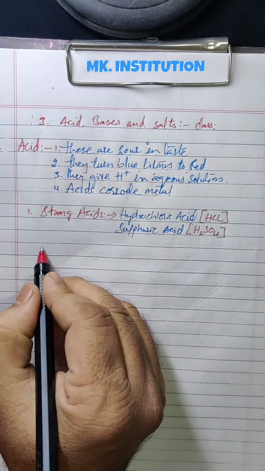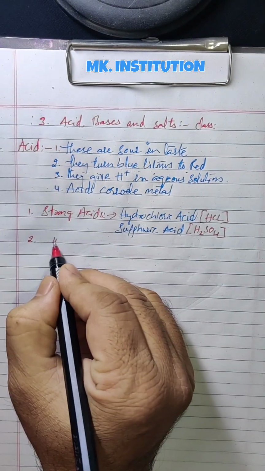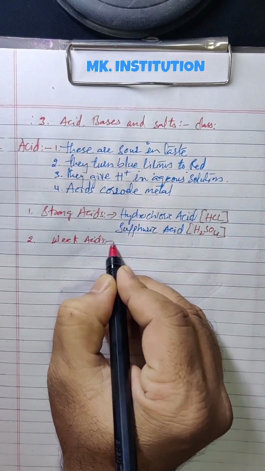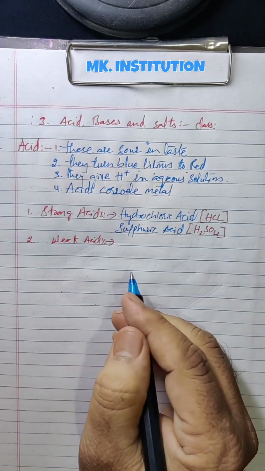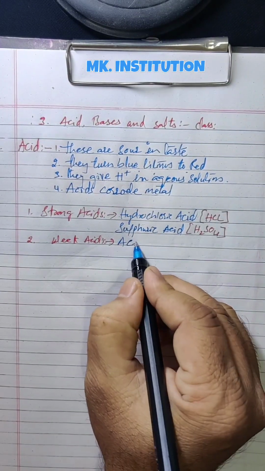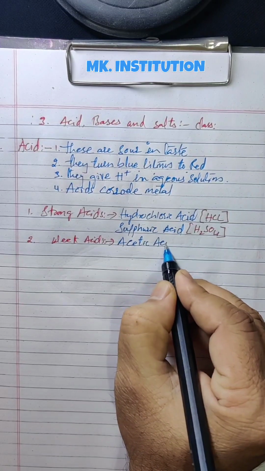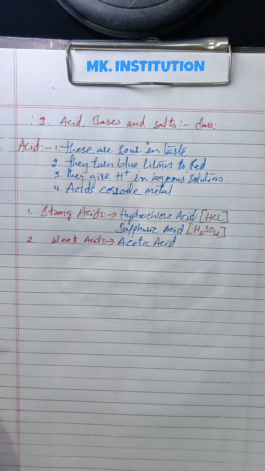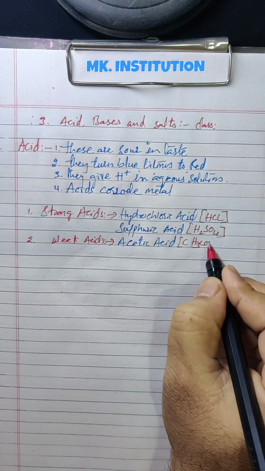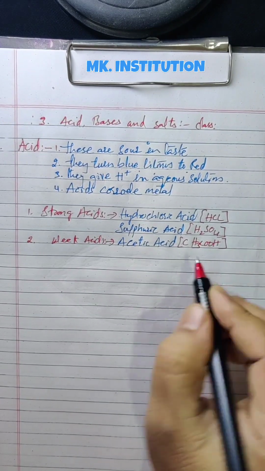Then weak acids are also there. What are the weak acids here? One is acetic acid, formula CH3COOH. Clear.